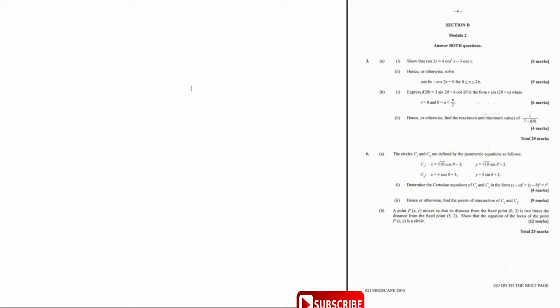So let's do that. We have C1, such that x is equal to root 10 cos theta minus 3, and y is equal to root 10 sin theta plus 2.